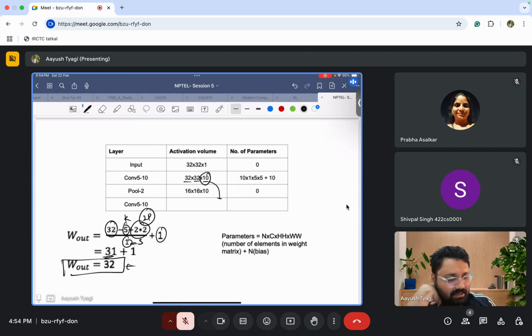And how many parameters have we introduced in this case? The number of parameters is 5 cross 5, so 25 parameters per filter. We have introduced 10 such filters, so into 10, and each filter has an additional bias, plus 10. So the total number of parameters is 25 into 10 plus 10.